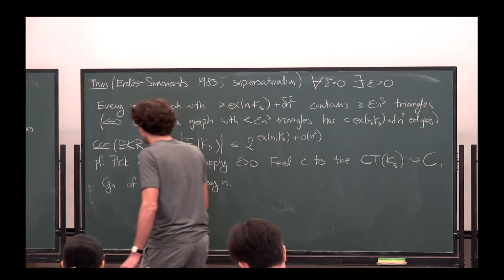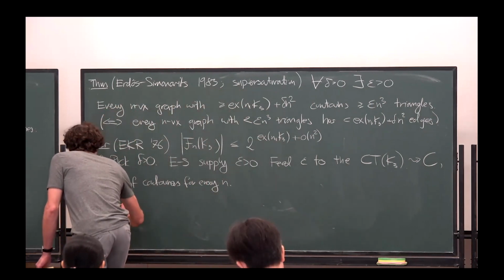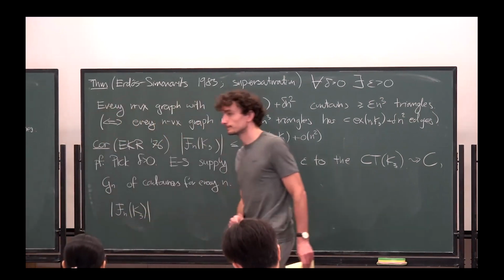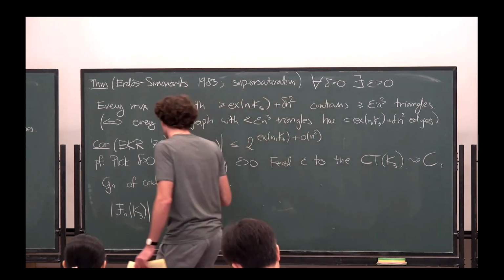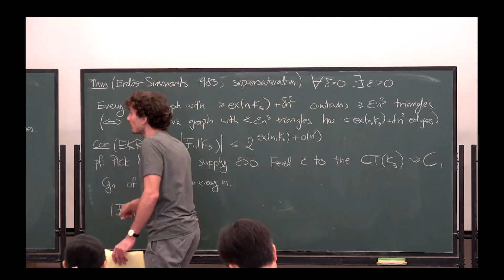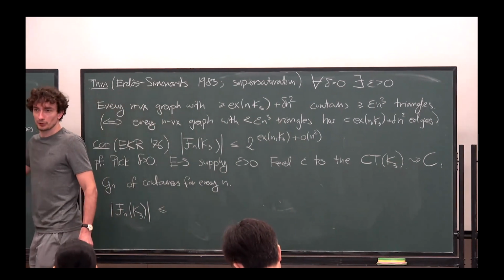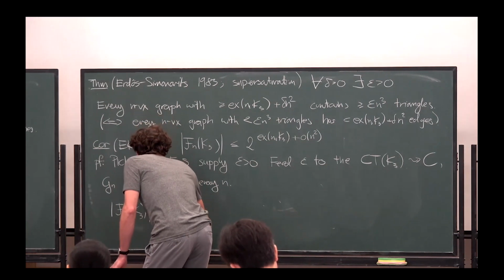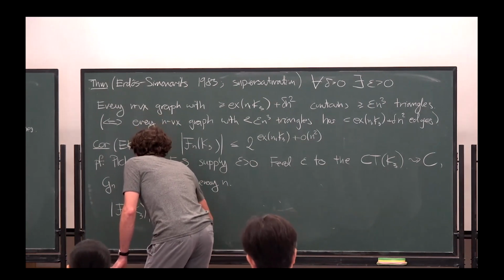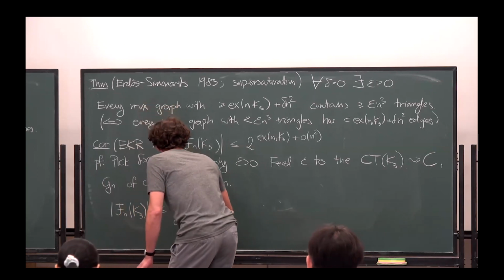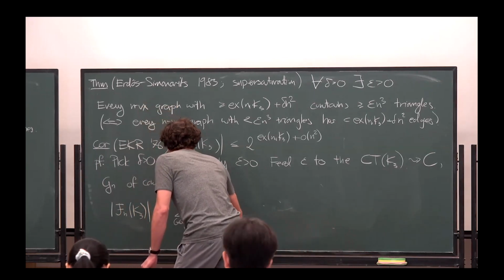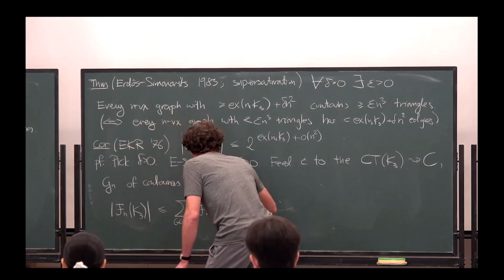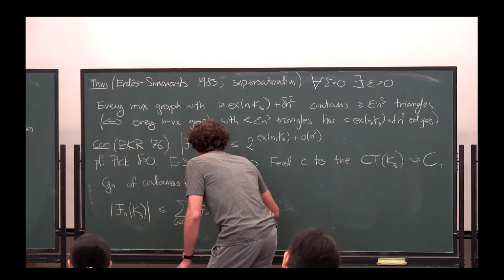Now, let's count all the triangle-free graphs. Every triangle-free graph is contained in one of the containing graphs. So we can sum over all these containers G in Gn, and just count those which are contained in this containing graph.